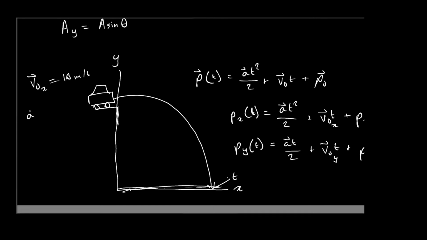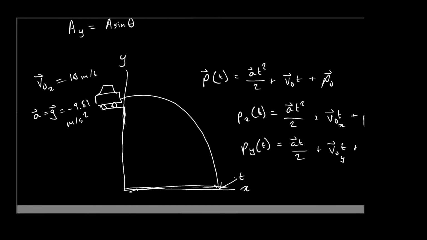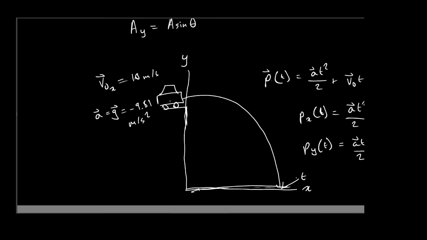We know that constant acceleration is just g, which is negative 9.81 meters per second squared, right? And that's actually in the y direction, so we draw that.